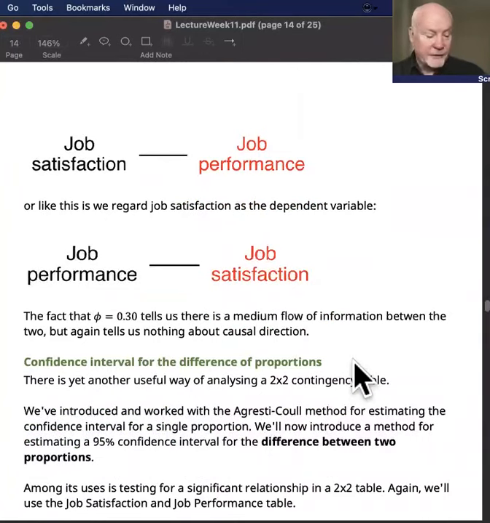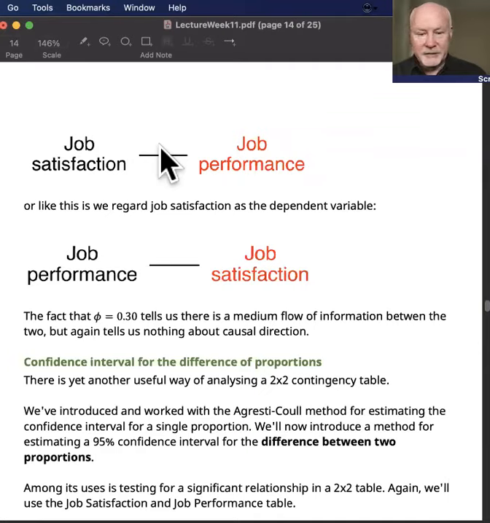Now, we have some ways of diagramming association. The common way is we do it like this. We just draw a line between the two variables, and later we'll see how we might turn those into arrows when we want to talk about causation. In this situation, we have an association, we have a correlation, so knowing the value of one variable gives us some kind of predictive ability in respect to the other variable, but it's bidirectional.